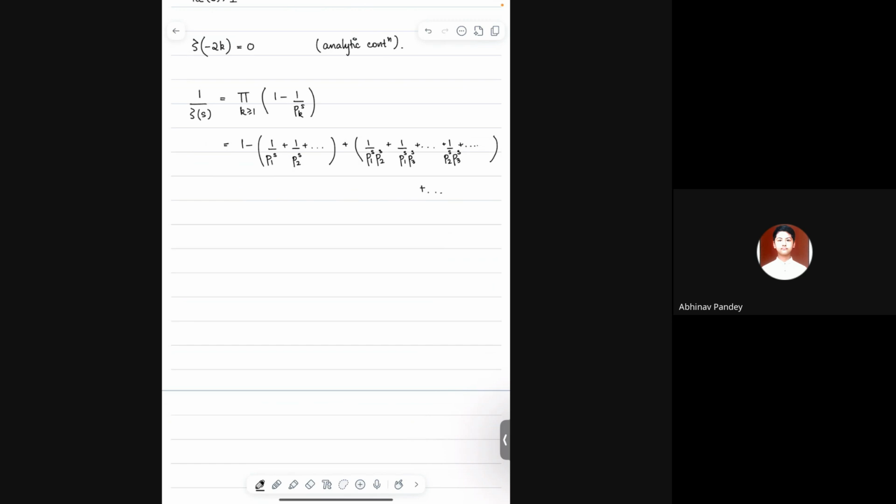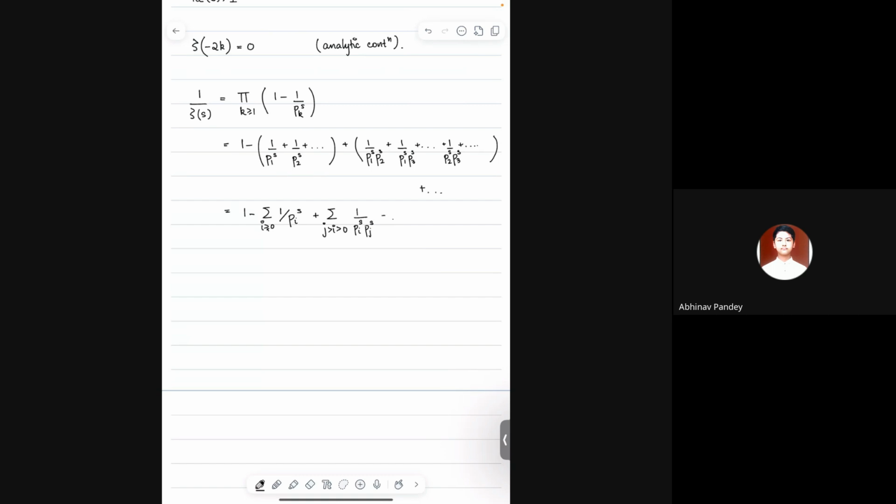And if you think about what you have done, well, this is 1 minus the summation of 1 over pi to the s, plus 1 over pi s pj s, and then so on. This is just a formal way of writing down what I've done already.